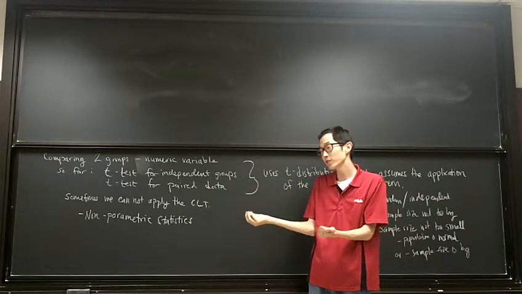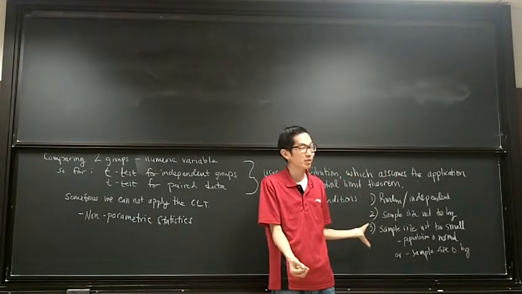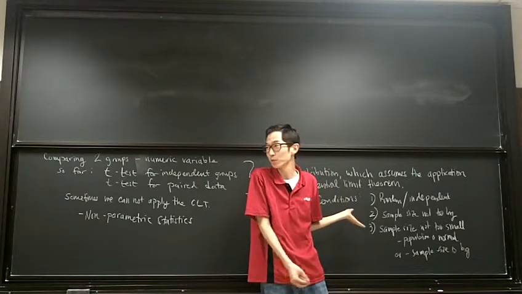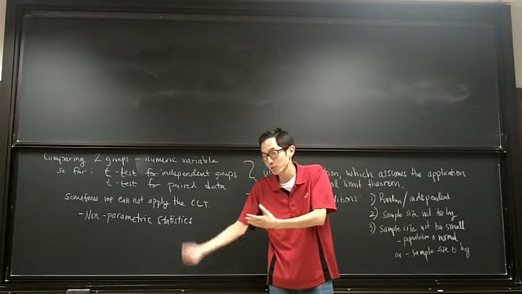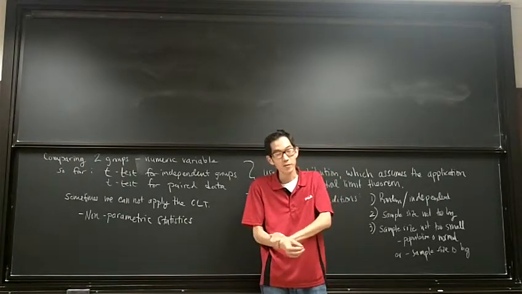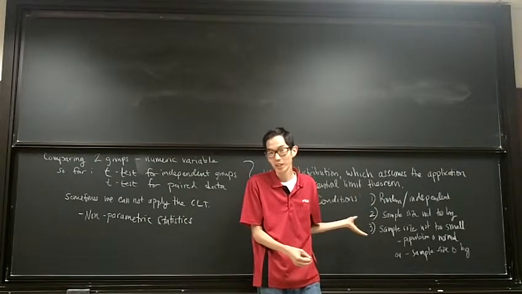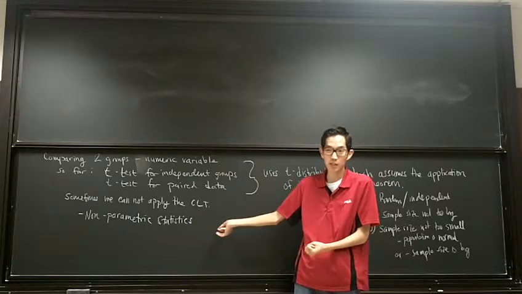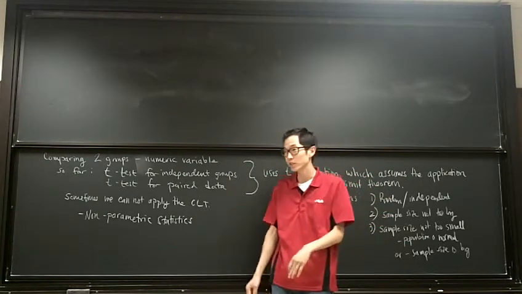And one thing you should ask yourself is, does the central limit theorem make sense? Does it make sense to apply the central limit theorem in this case? If so, then they can go ahead with a t-test and things like that. Sometimes it doesn't make sense, and in those cases, you probably need to use non-parametric statistics, which don't put the same assumptions on the data.